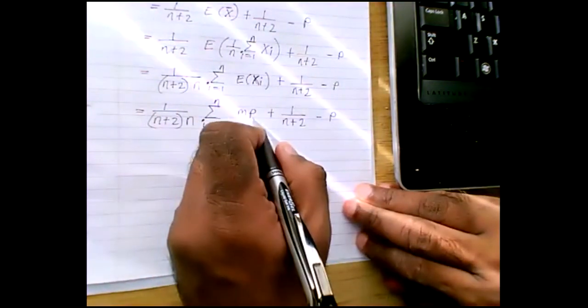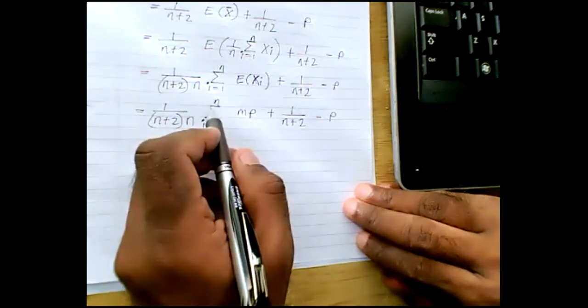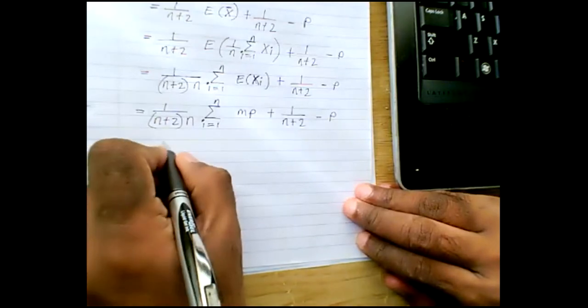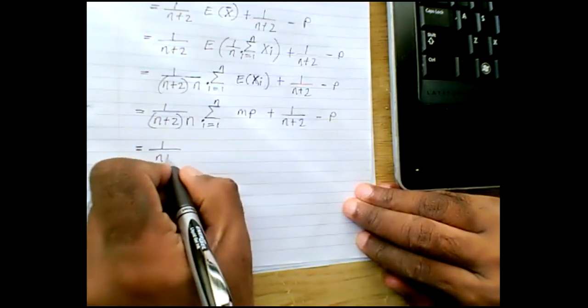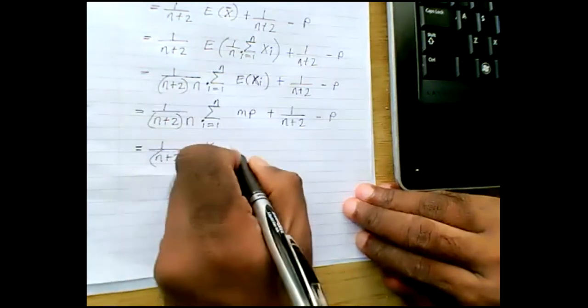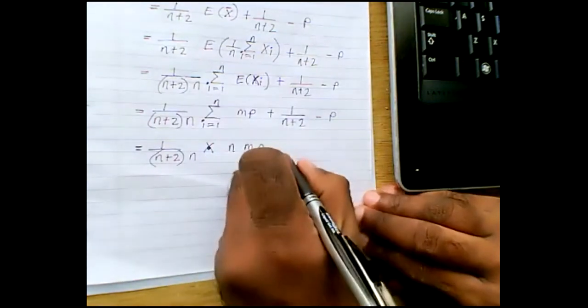Now mp is a constant with respect to i. So the sum of a constant is n times the constant, which is mp.